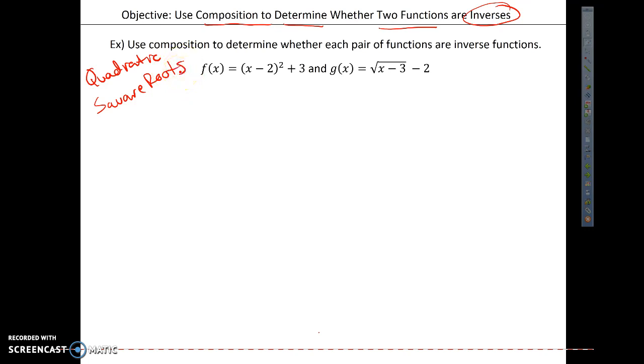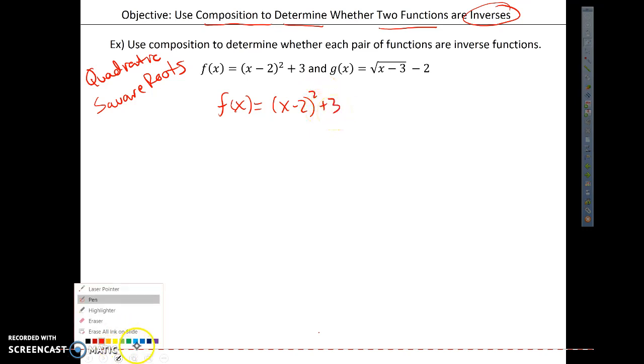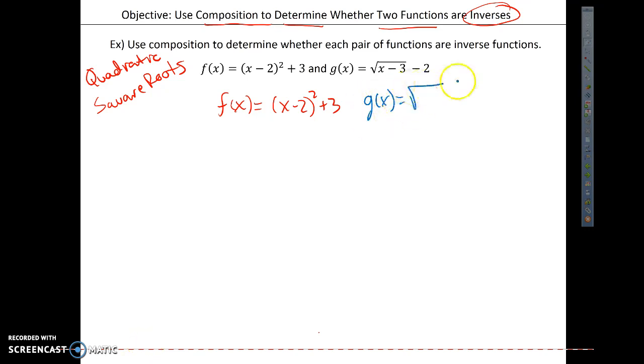So we want to determine if f of x, which is (x minus 2) squared plus 3, is an inverse function with g of x. And g of x is given here, that is the square root of x minus 3, minus 2.